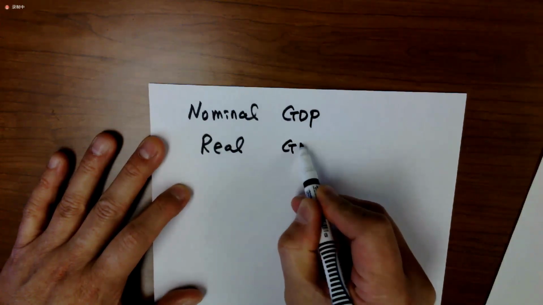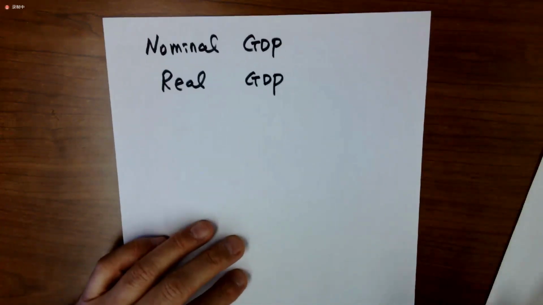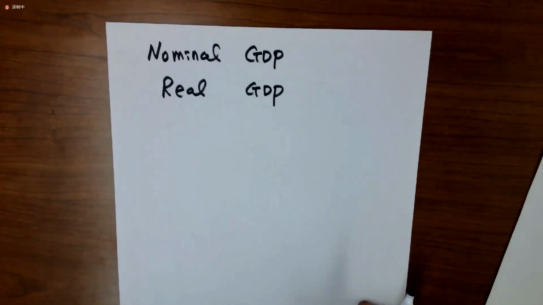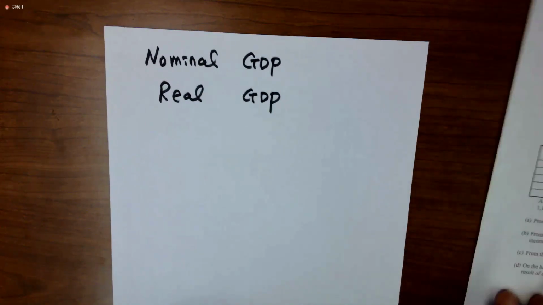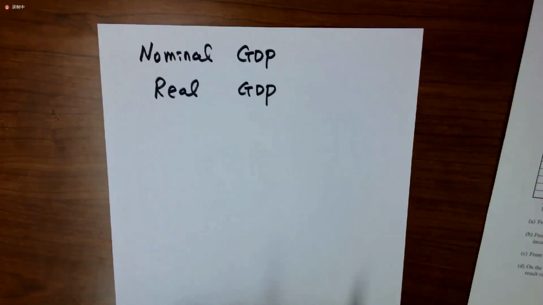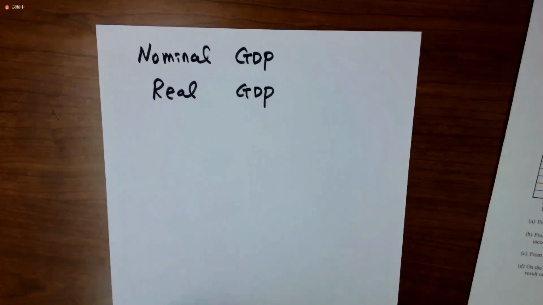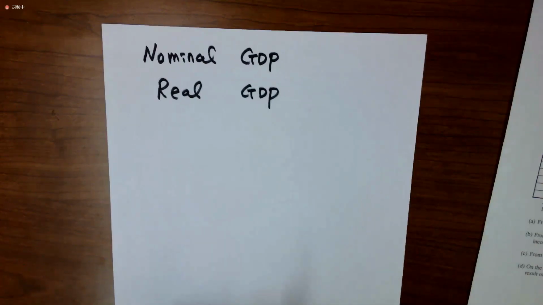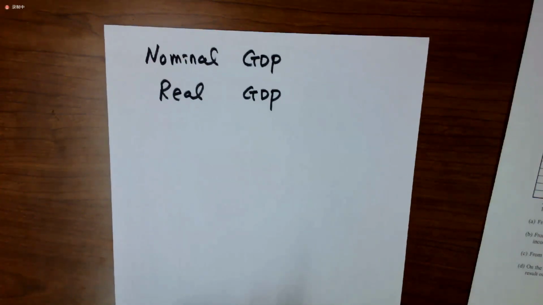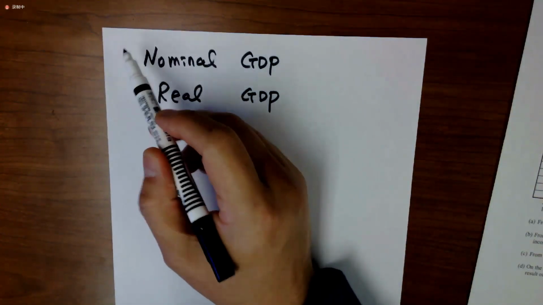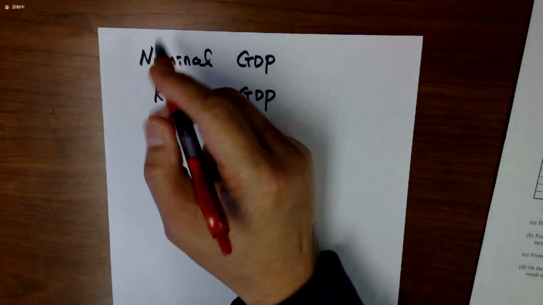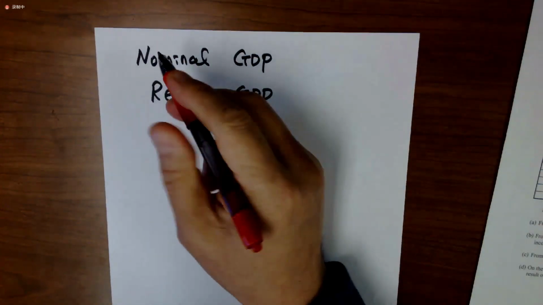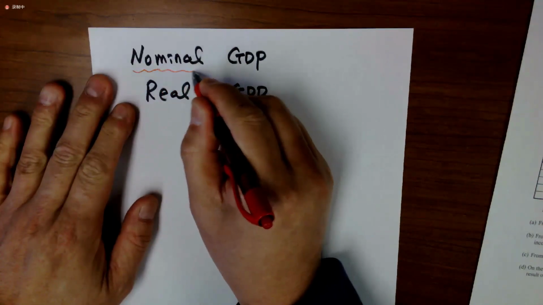Okay. So my hope is that whenever you look at this kind of question, before you start plugging numbers, you think conceptually. What we have done in the lectures, what you have read in the textbook regarding the definitions of nominal and real GDP.